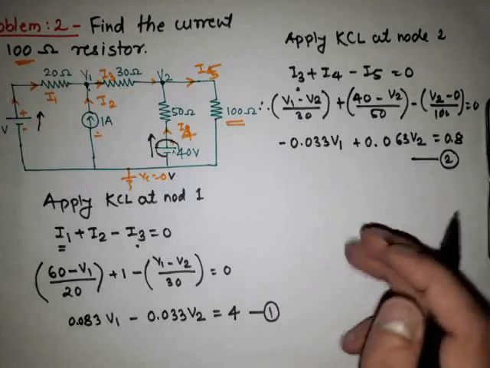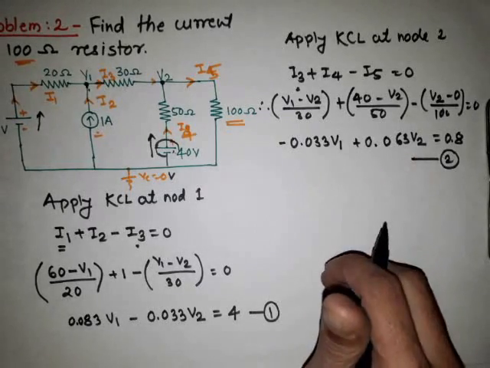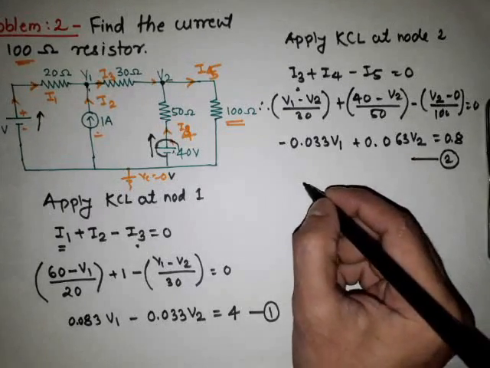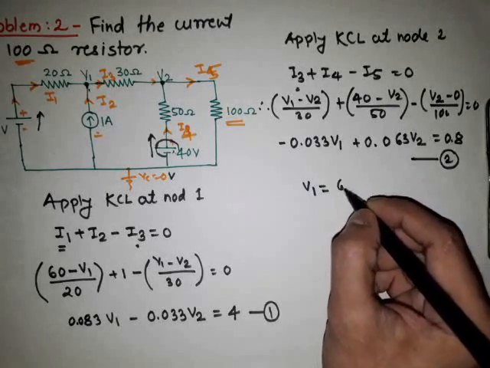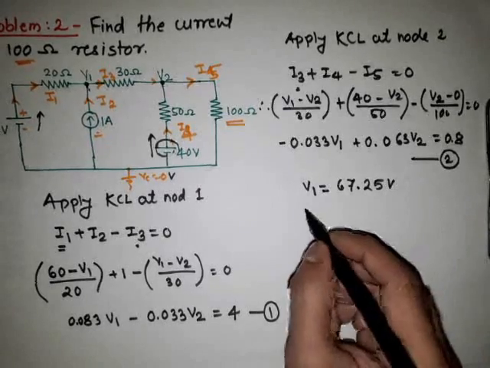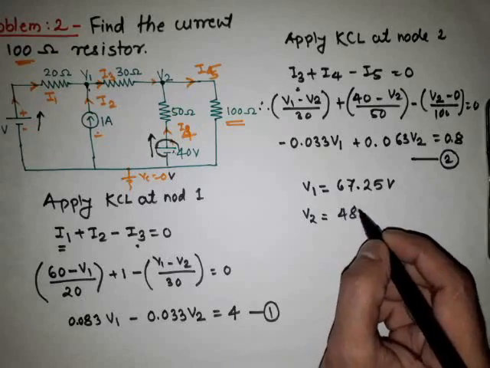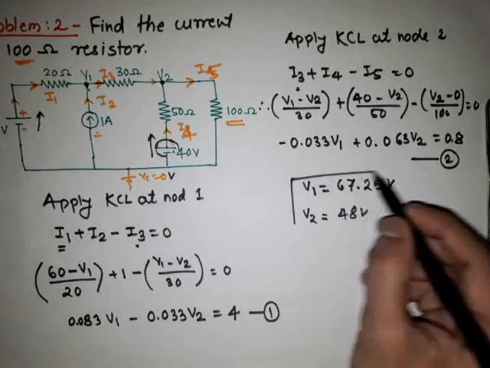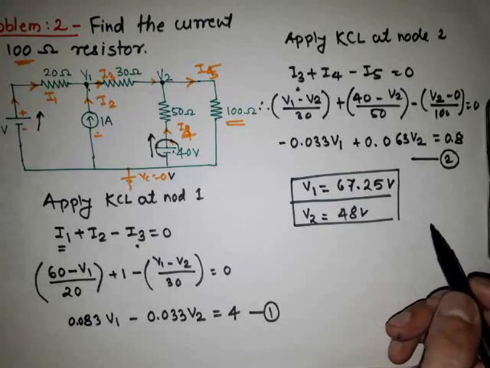By solving these two equations in the scientific calculator, we get the values of V1 and V2: V1 is equal to 67.25 volt and V2 is equal to 48 volt. These are the two values we get by solving these two simultaneous equations.